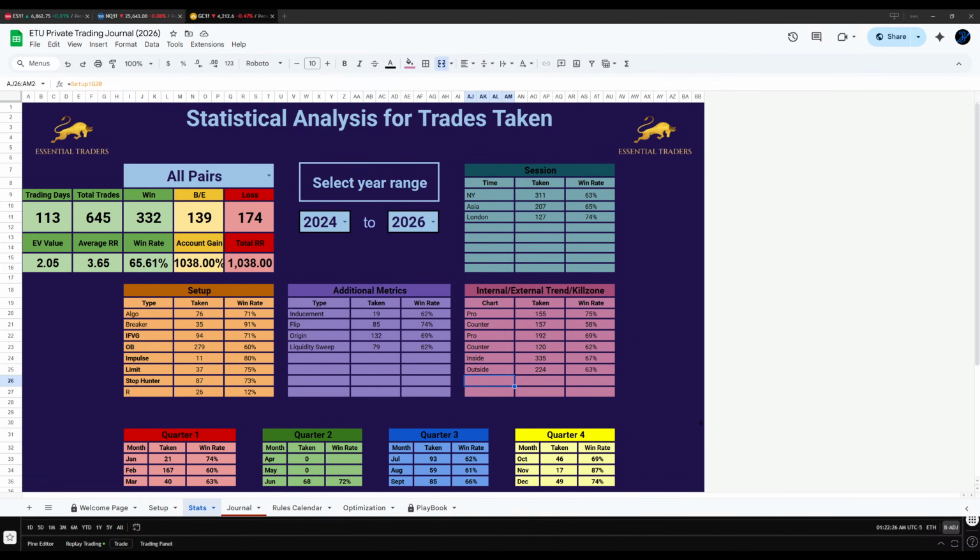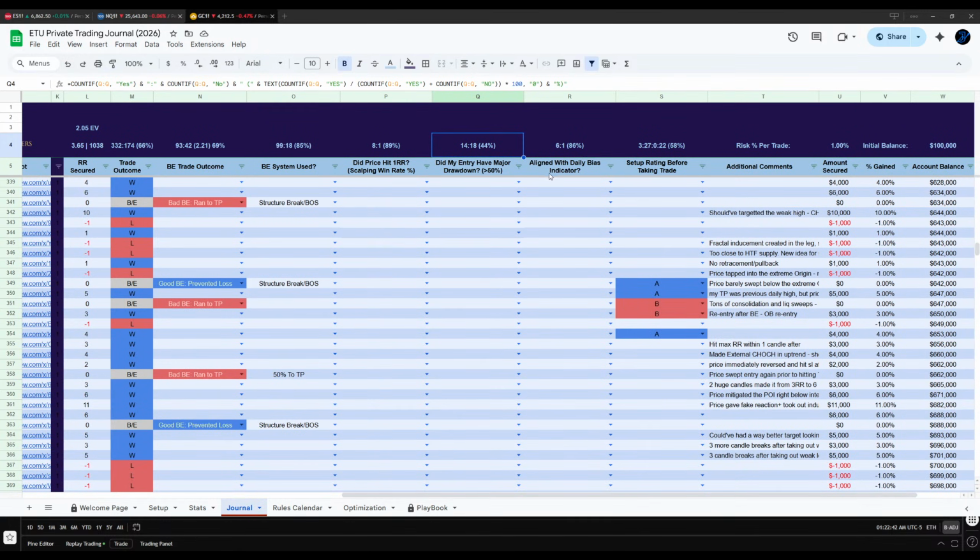My EV right now is 2.05. If my win rate goes down, think about it this way: if 44% of the time my entry has major drawdown, meaning it hits that 50% mark of my stop loss, that is a loss if I decide to reduce my stop loss by half.